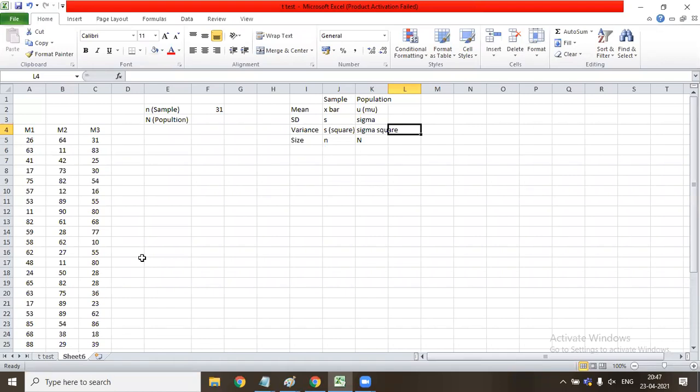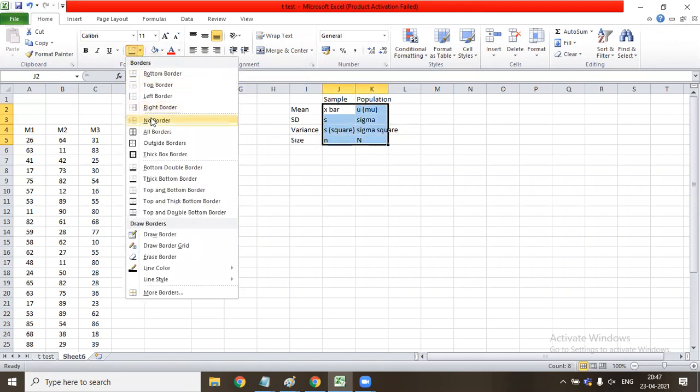So population meaning it's a collection of samples. Is it right, sir? Population is basically the mean of capital N observations. Sample mean is mean of small n observations. Size of small n is always less than the capital N.